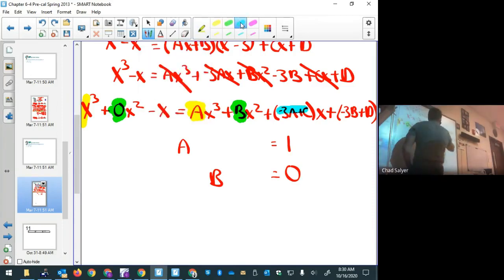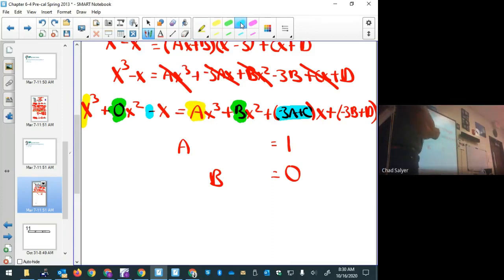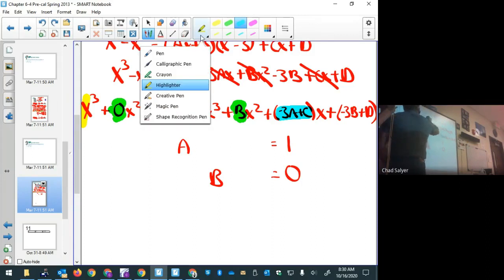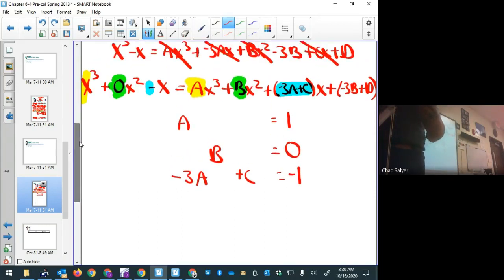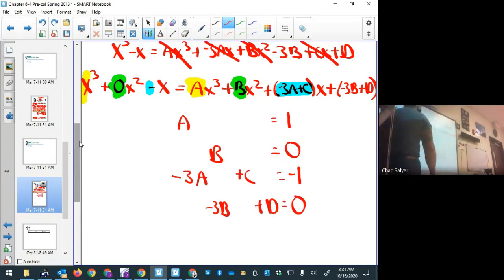And then I've got minus 3A plus C equals negative 1. So minus 3A plus C equals negative 1. And then for the last one, there is no constant term here. So minus 3B plus D equals 0. This is kind of a funky one.